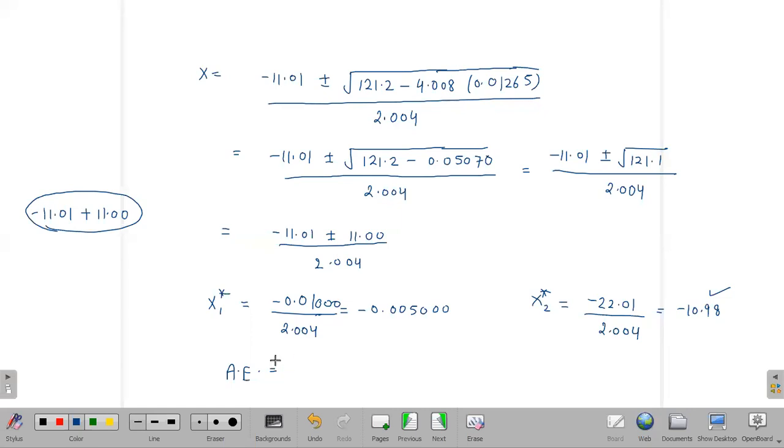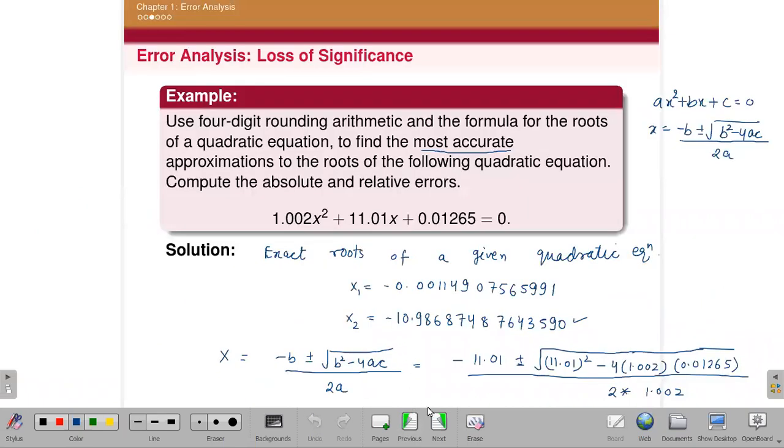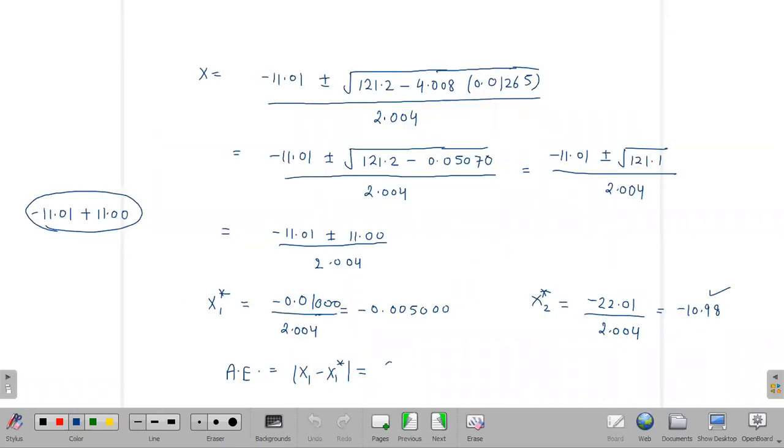Okay, ma'am. So here, if I find the absolute error in between x1 minus x1 star, it will be here. Can you find this value? Because you have to just subtract this value from this value.